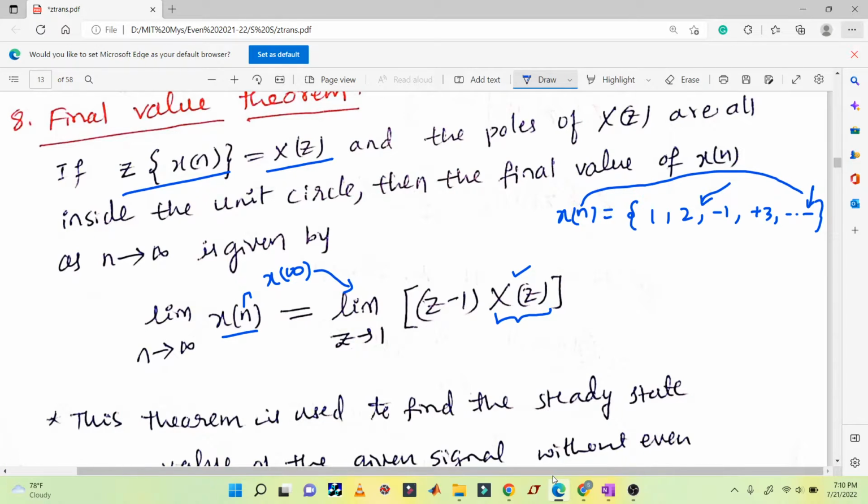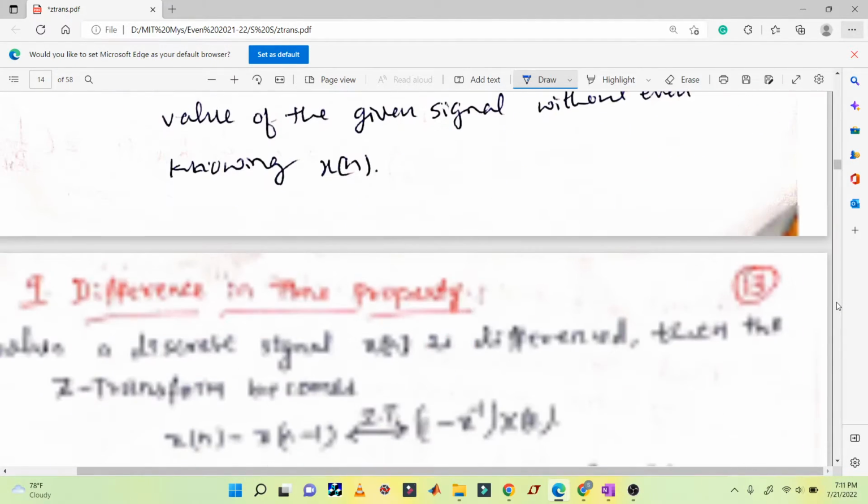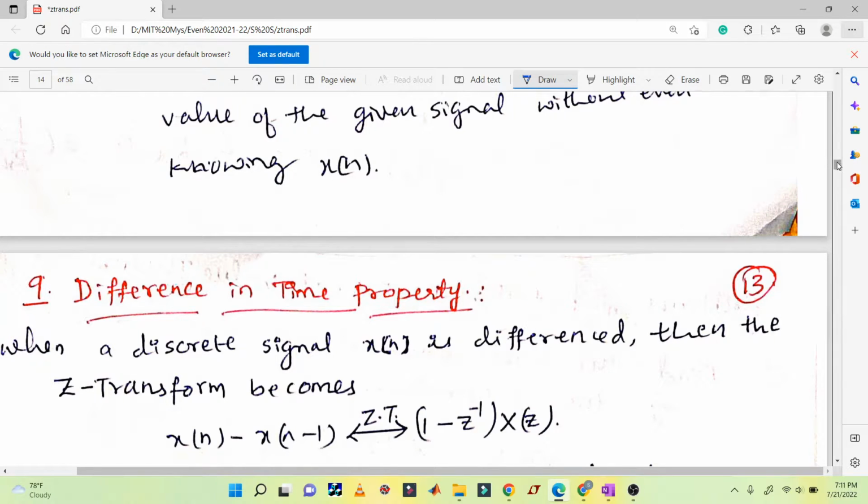So if we know the Z transform, then multiply it by z minus 1 and apply the limit as z tends to 1. It will give us the final value of the given sequence. And where is it used? It is used to find the steady state value of the given signal without even knowing x of n.